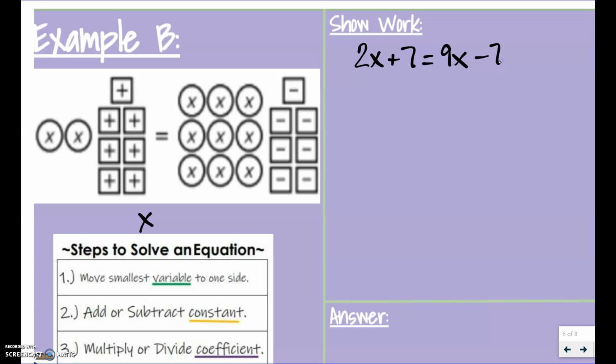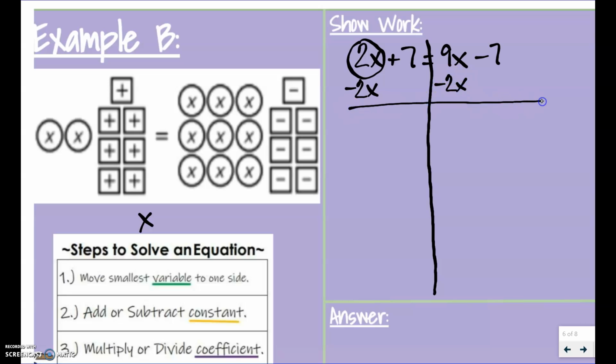And it's minus 7 because those constants are negative. So I'm going to draw my line all the way down. I'm going to circle my smallest variable, which is 2x. I'm going to move that to the other side. So I'm going to subtract 2x on both sides. What I do to one side, I do to the other.